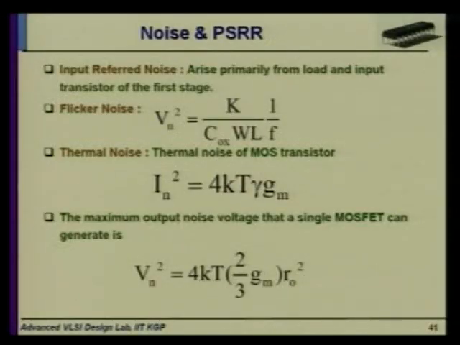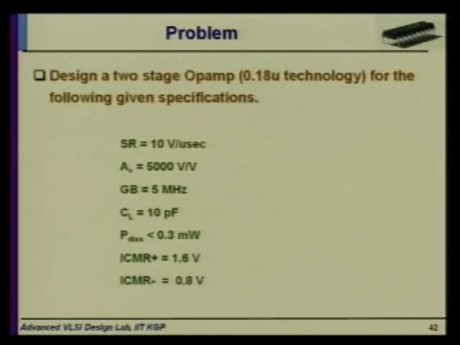If we need to increase L anywhere, we need to increase W also, so that the W by L ratio stays constant. Clear? So these are the basic rules and observations after designing. This is the noise and PSRR issues. This is the problem which you will be given today.